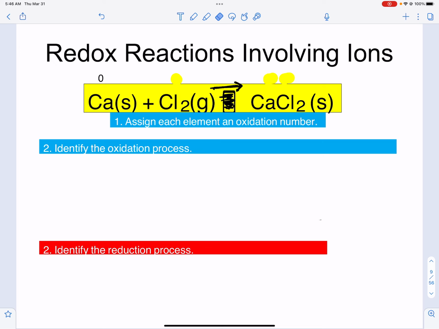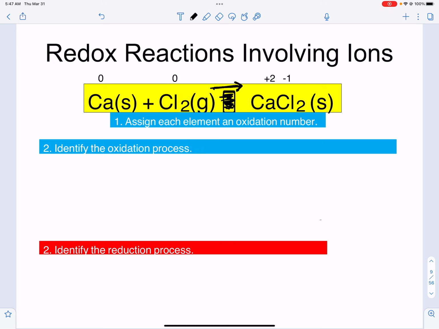Chlorine is by itself, so that's going to be 0. On my products, I have an ionic compound. Chlorine is -1, chloride. There's 2 of them, so calcium will have to be +2, so the whole compound is 0.